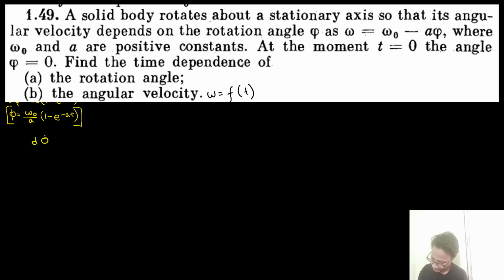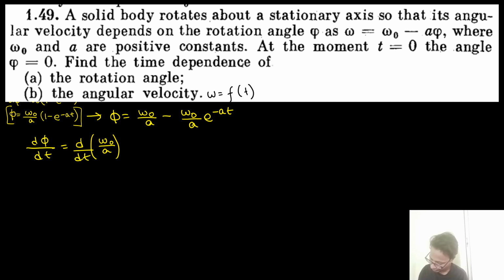So d phi by dt is equal to d of, see, this can be written as phi is equal to omega naught by a minus omega naught by a into e to the power minus at. So d of omega naught by a into dt minus d of omega naught by a e to the power minus at divided by dt.